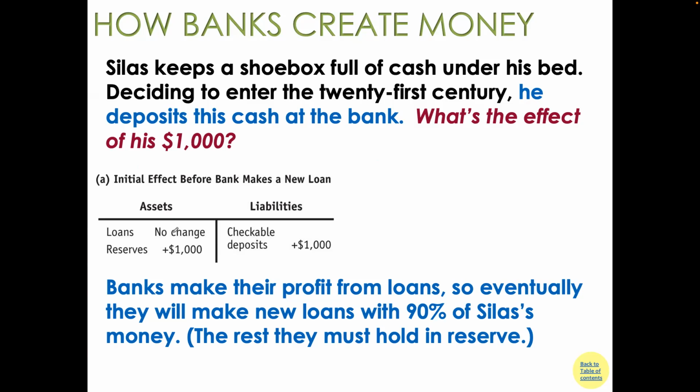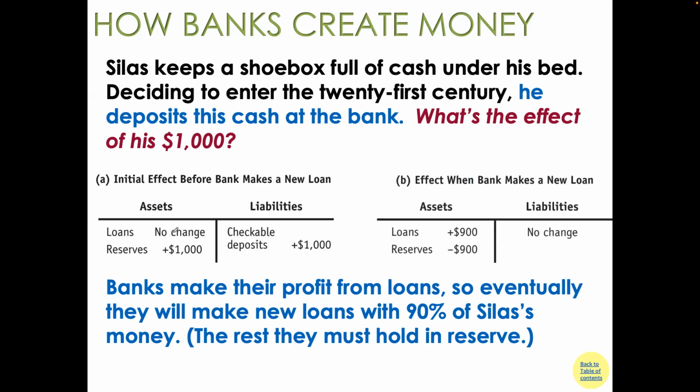So now, 900 in loans. What does this mean? If the loan is made out immediately, their reserve is going to reduce by 900 because it's lent out, right? But the loan is going to increase, meaning the asset side just breaks even.